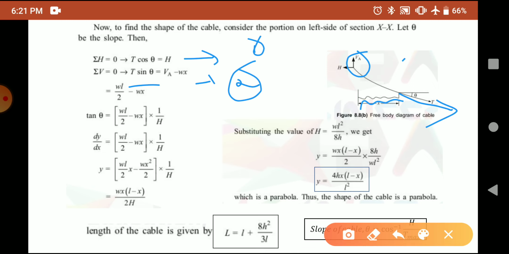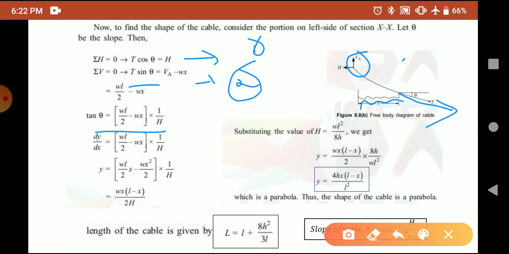Or we can write tan theta is equal to WL by 2 minus W into x into 1 divided by H. What is tan theta? Tan theta is normally taken as the slope, or we can replace tan theta as dy by dx.